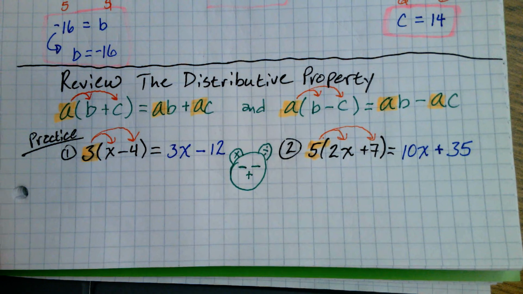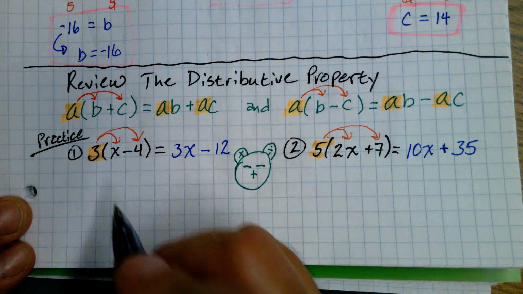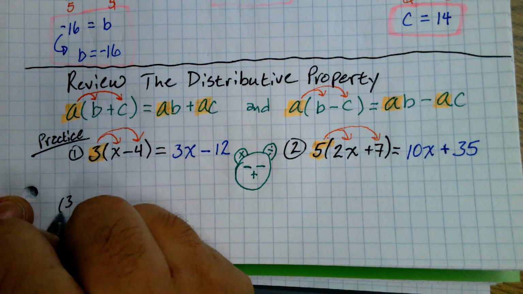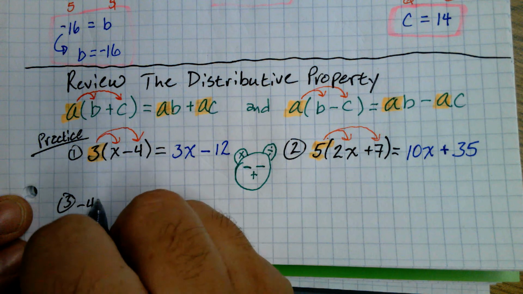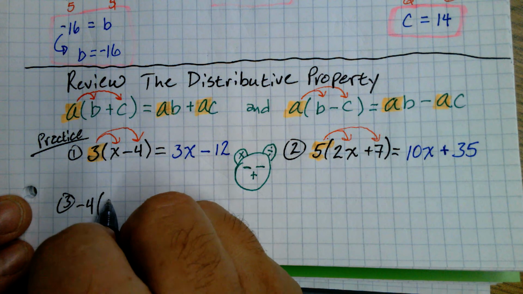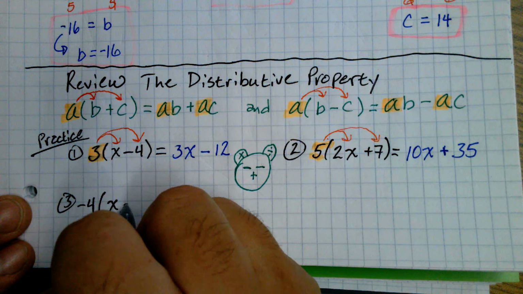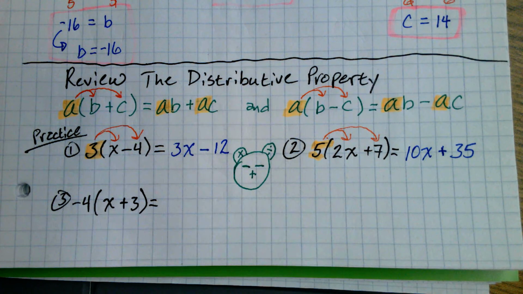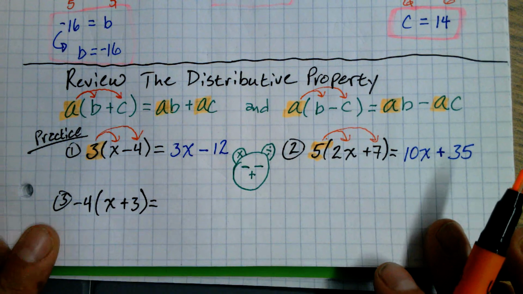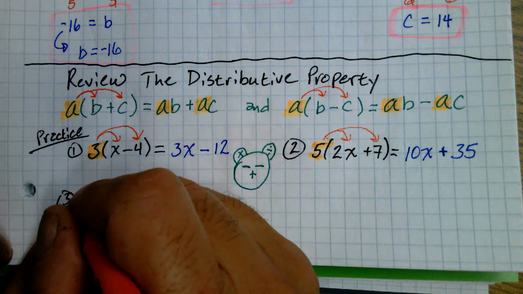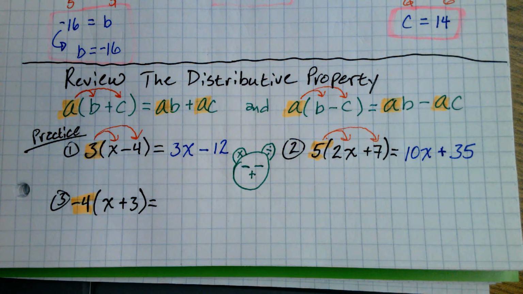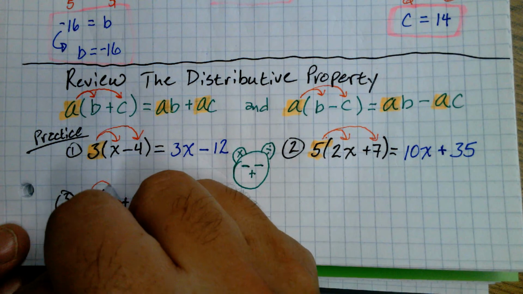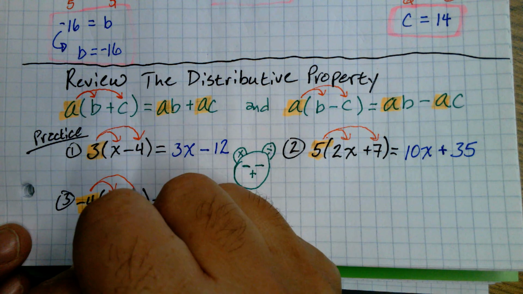Okay, so here we go. Let's do number 3: negative 4 times x plus 3. We're distributing negative 4, so negative 4 will multiply with x and with 3.